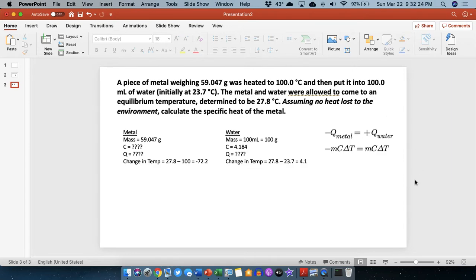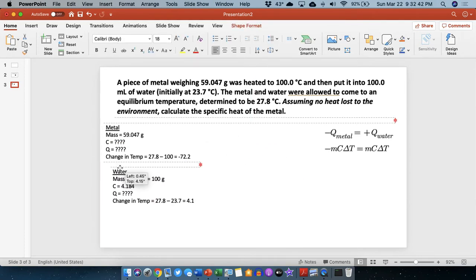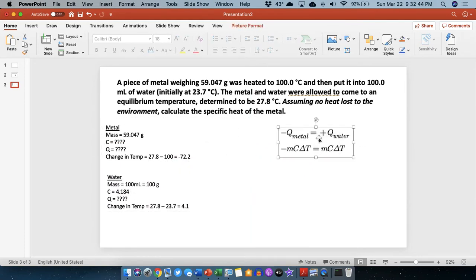So now we can replace those Q's on either side of that equal sign with what Q really stands for, mcΔT. Now, do I have enough to solve for both sides of that equation? Well, let's find out. With my metal, I'm going to have a negative, the mass of the metal.